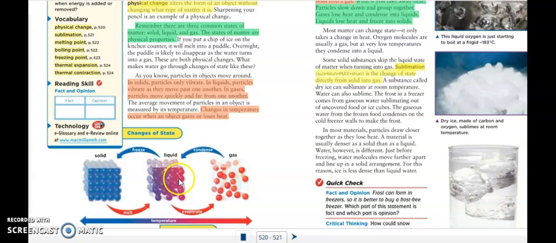In liquids, particles can move because they are not very close. And in gases, particles are free to move easily because they are far from each other. Look here, they are far from each other.